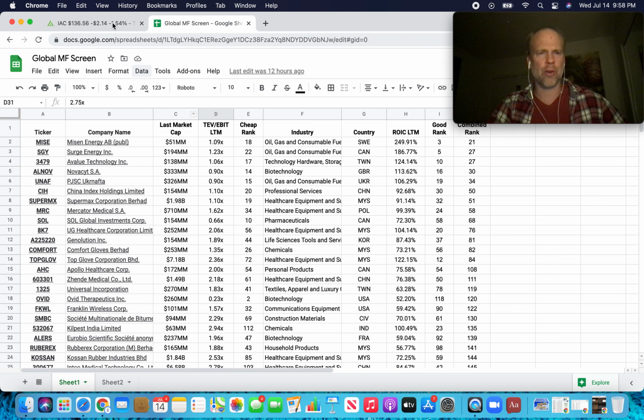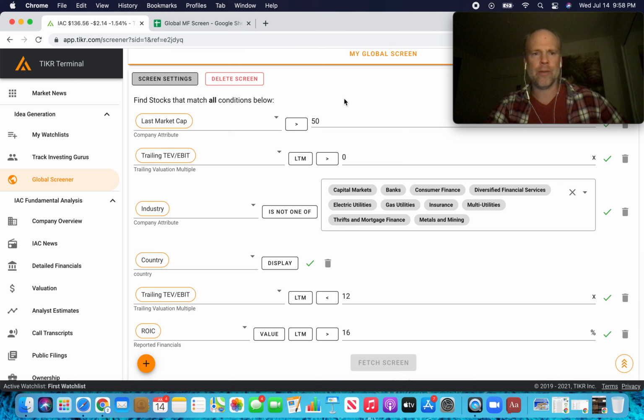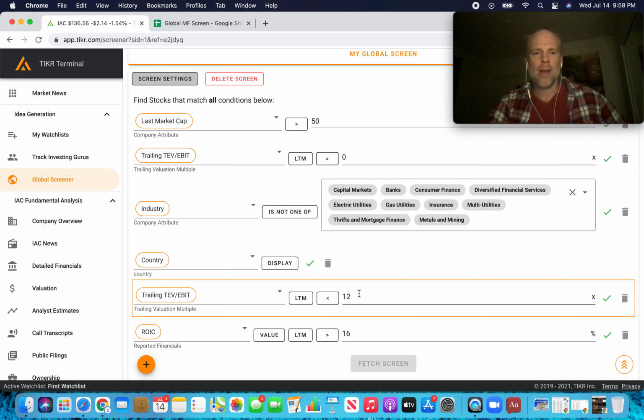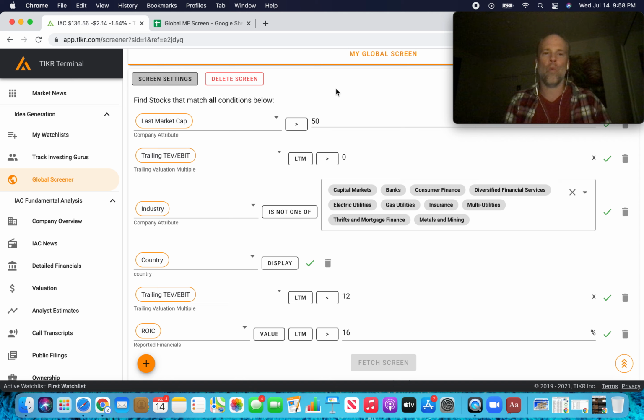One thing you want to make sure if you do that is you probably want to specify EBIT over 0, okay? Because it's possible you could have earnings that are negative and you could have an enterprise value that's negative. And that would give you an Acquirer's Multiple result that would be positive.